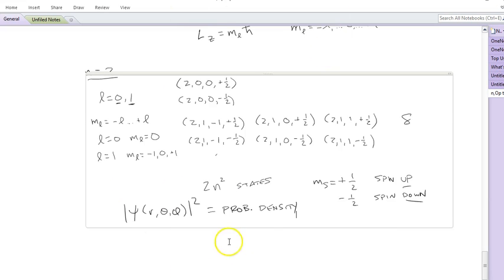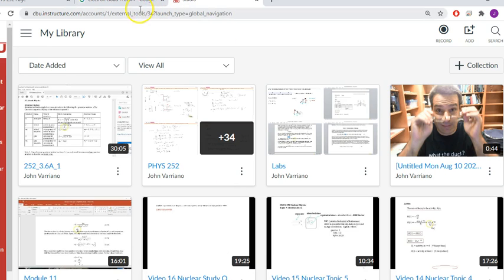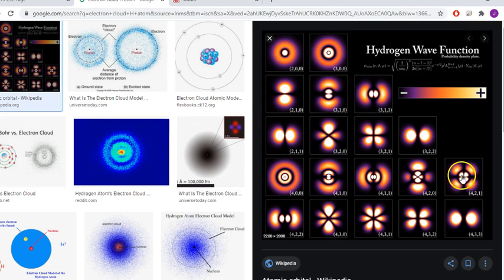Now, if we start plotting what these probability densities look like for different states, you'll get something that looks like this. And I think this will ring a bell. Look over here. Oh my goodness, these are the electron clouds that you talk about in chemistry.